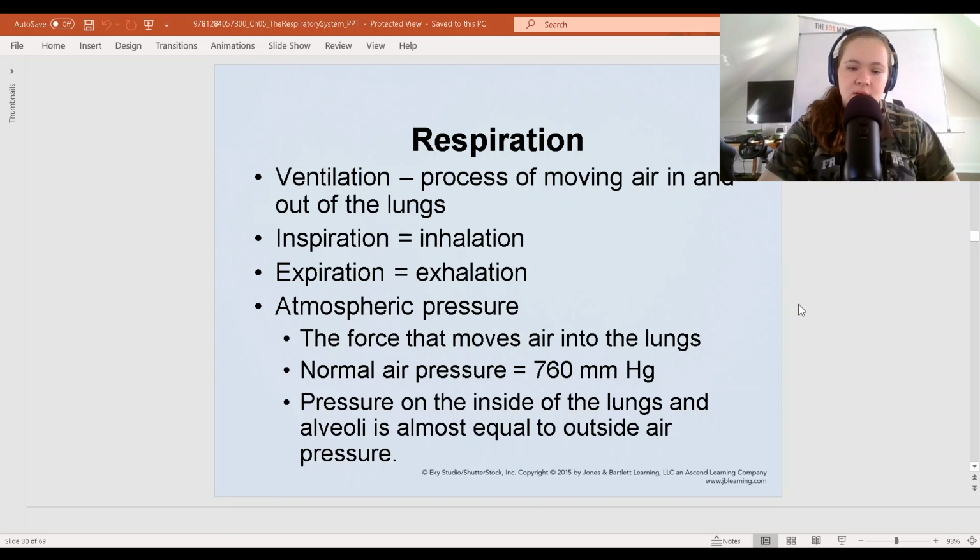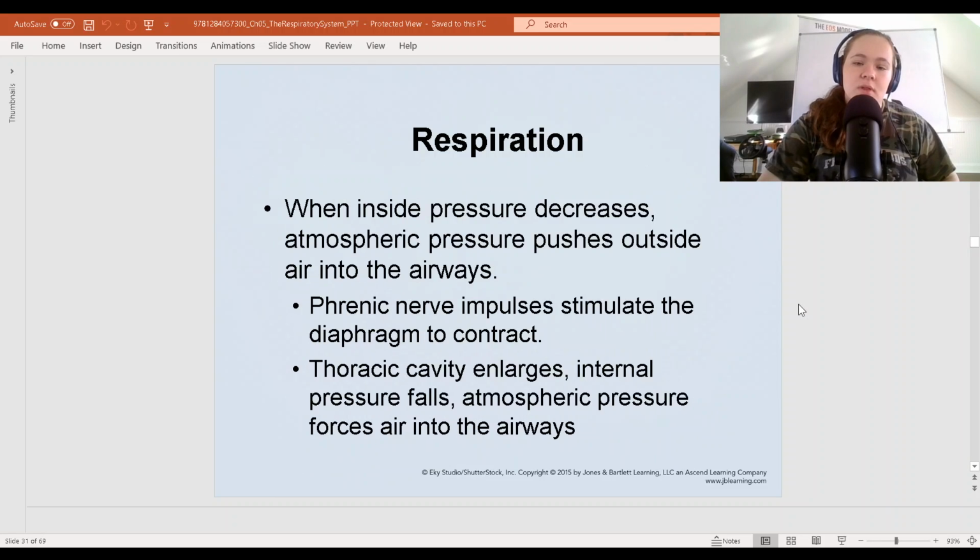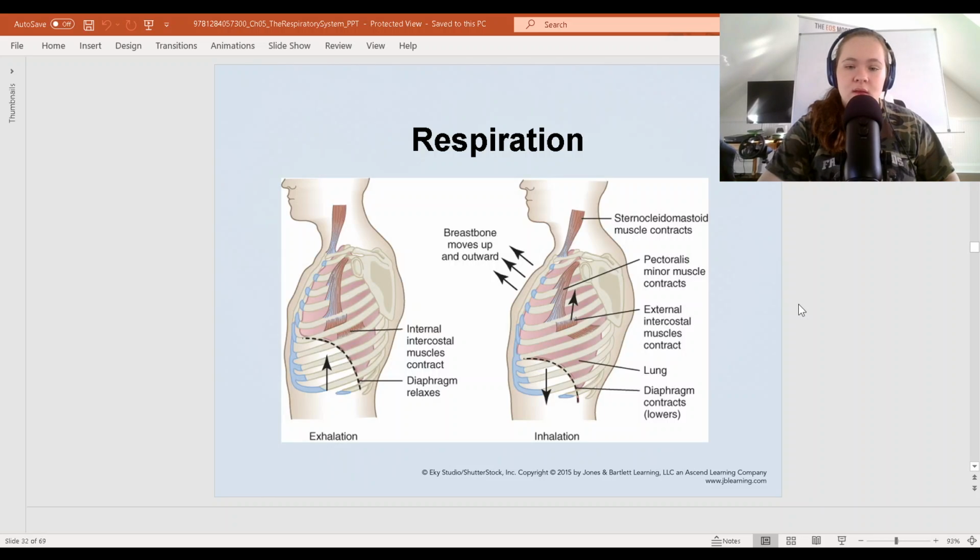Pressure on the inside of the lungs and alveoli is almost equal to the outside pressure. When the inside pressure decreases, atmospheric pressure pushes the outside air into the airways. Phrenic nerve impulses stimulate the diaphragm to contract, and the thoracic cavity enlarges. Internal pressure falls, and atmospheric pressure forces air into the airways. This is what respiration is.